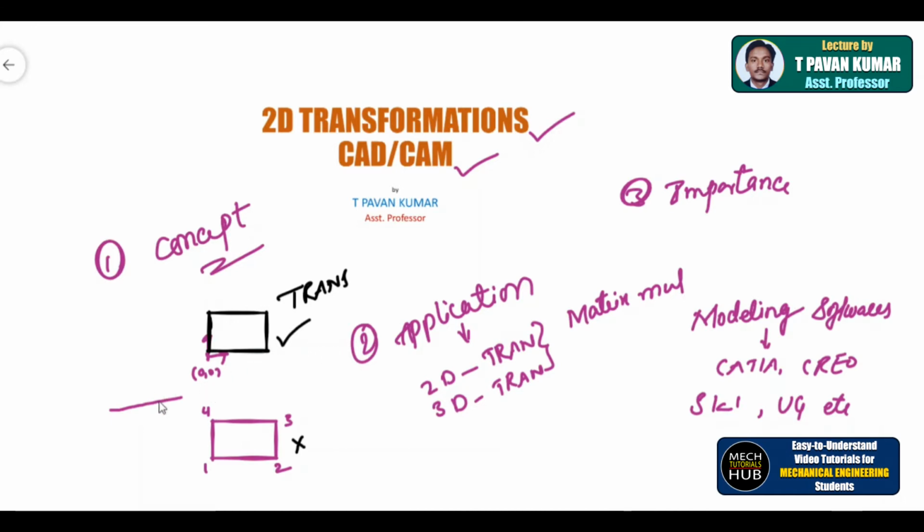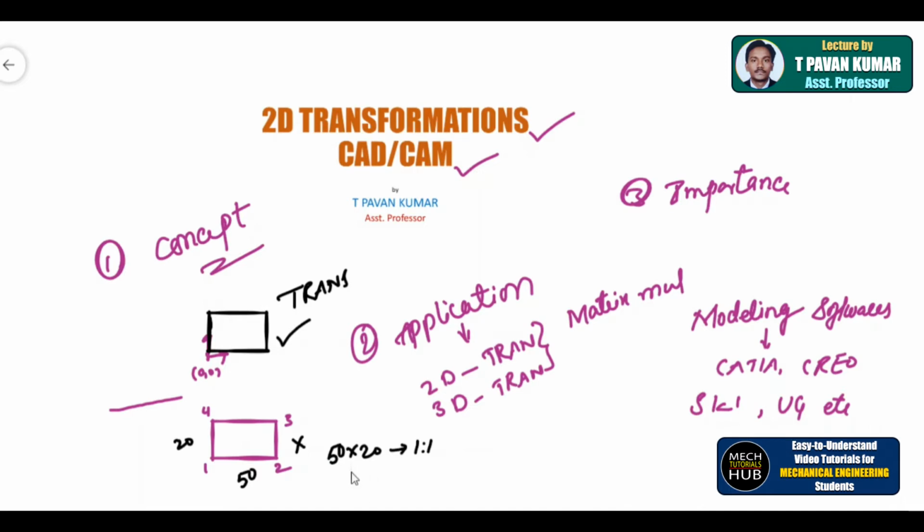Similarly, if I want to change the size of an entity, for example, let us say this is maintaining the dimensions of 50 by 20. Let me call it as 1:1 ratio, which is the original position given.